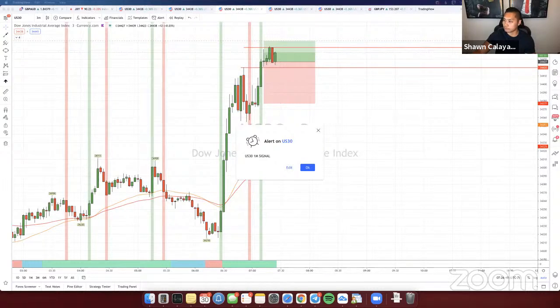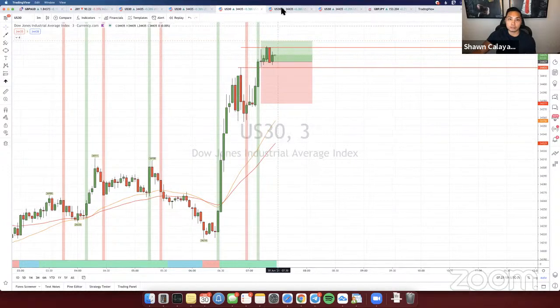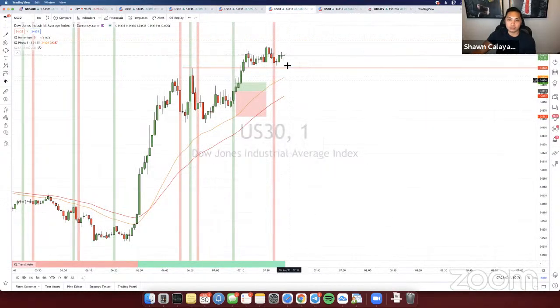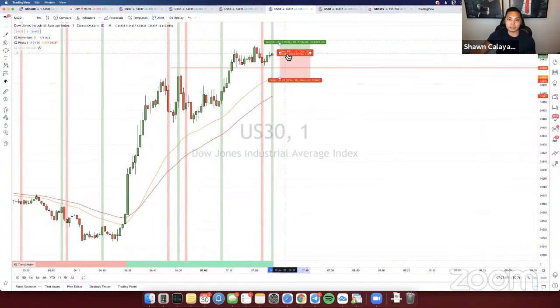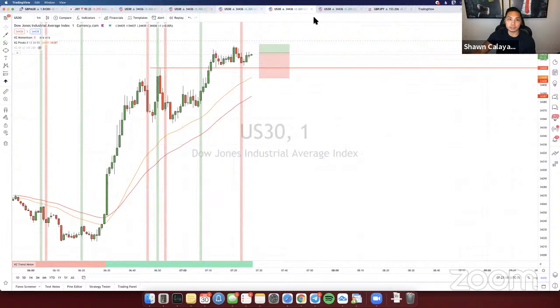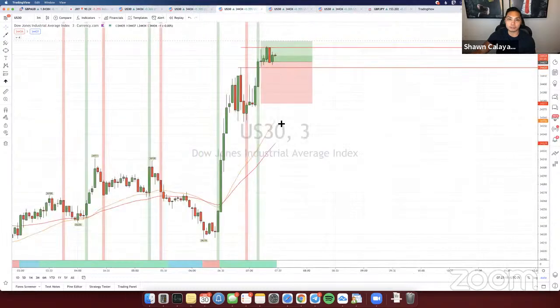Let me see what else is going on over here. I'm just waiting for some sort of confirmation. All right, let's go back to the 1 minute. There's still that pending buy signal right there, which is fine. If it ends up closing, then it could provide for a buy, but I'm not going to enter it yet because we do have news coming up in about 3 minutes. So we've got news coming up right here.